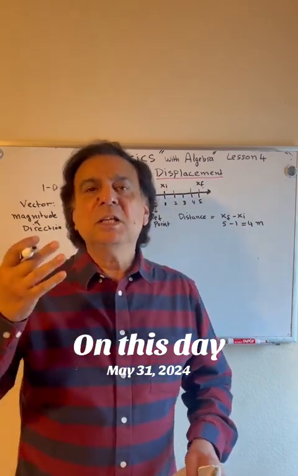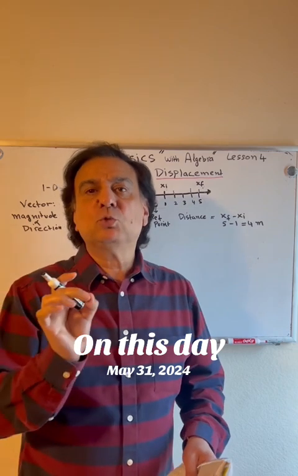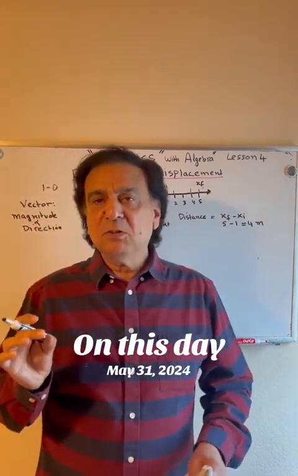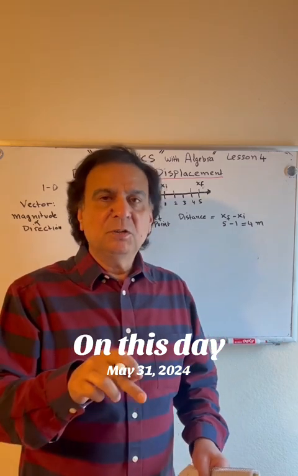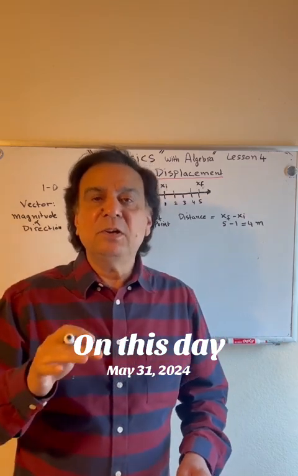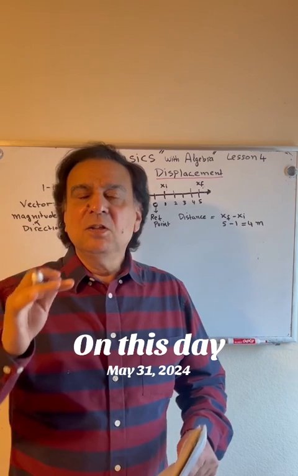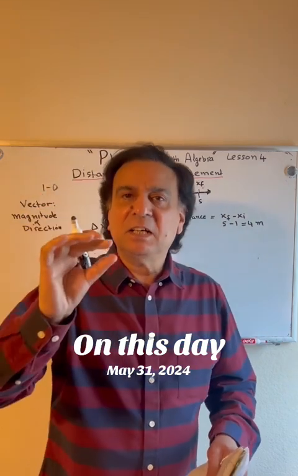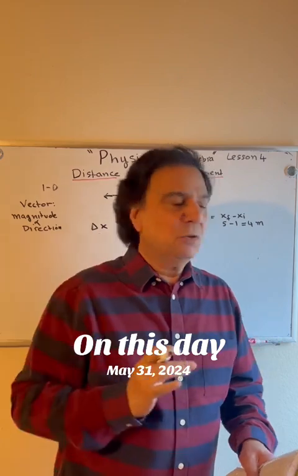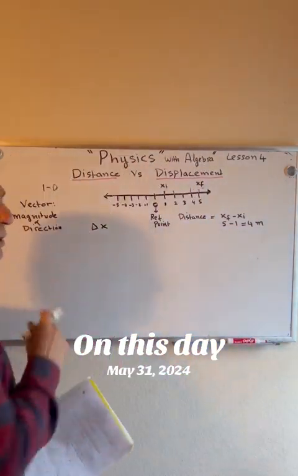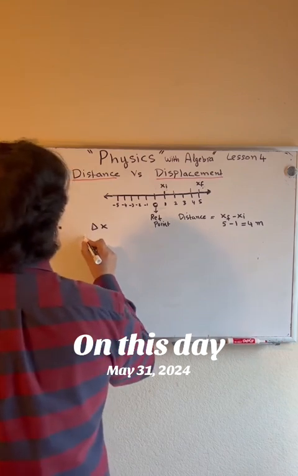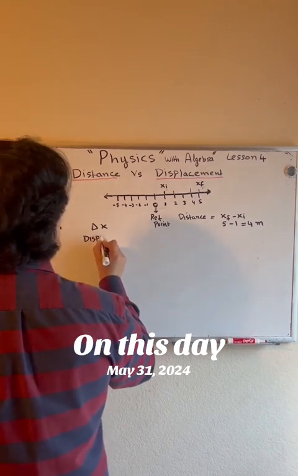Let's assume the initial temperature of the water is 20 degrees centigrade. You heat it up, you come back in 3 minutes, you measure the temperature of the water and it's 100 degrees centigrade. So 100 minus 20, 80 degrees, that is the delta, that is the change, okay? So that's what we're talking about when we say delta x, which is also displacement, okay?